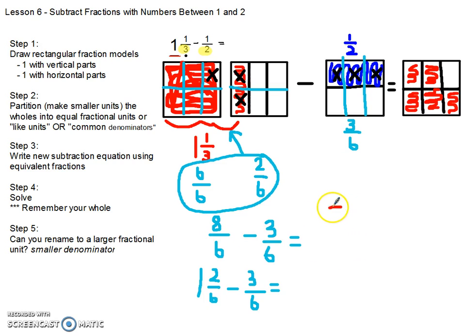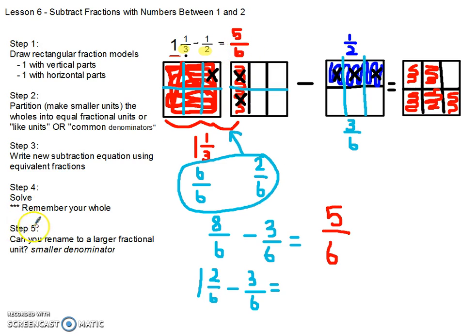So my answer is 5 of the 6 parts. And if you're looking at the subtraction, 8 minus 3 equals 5, and my whole remains the same as 6. So 1 1/3 minus 1/2 is equal to 5/6.